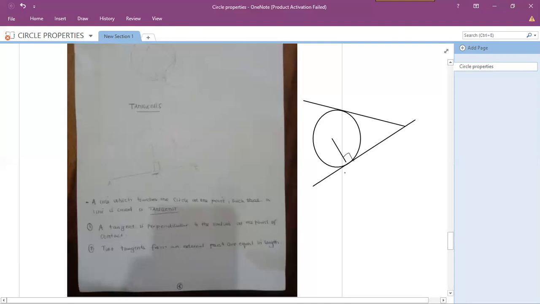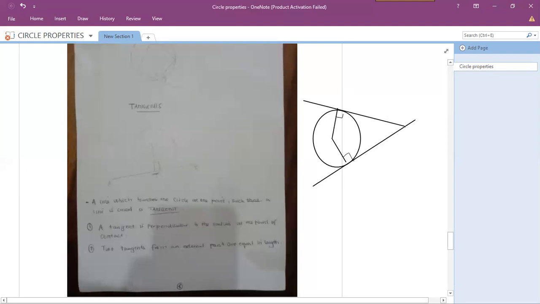So a tangent is perpendicular to the radius at the point of contact, meaning even this side here, if we draw another radius hitting this tangent at the point of contact, that will be at a 90-degree angle.